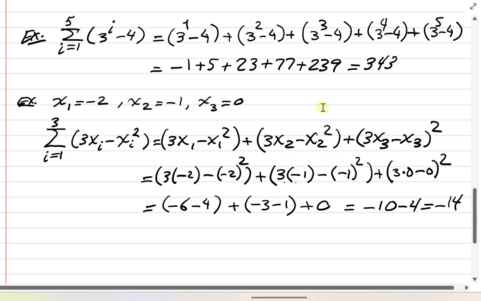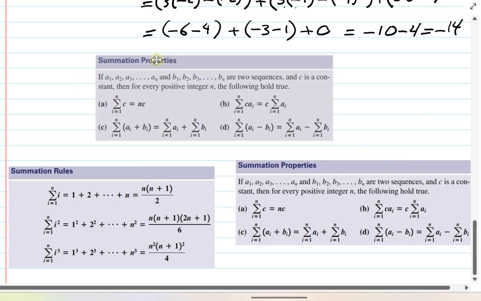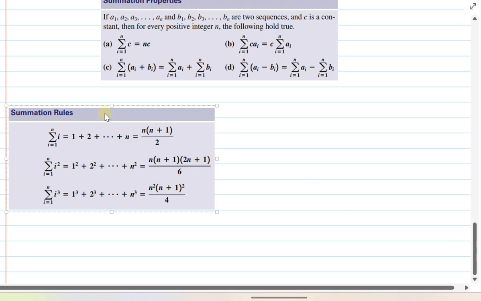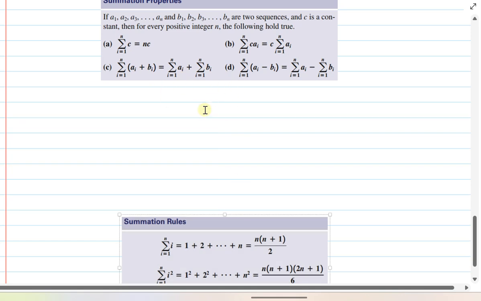Okay. Now, the next thing we're going to look at is the following. We're going to actually look at some of the properties of summation. There are not too many properties per se, but we're going to look at these.